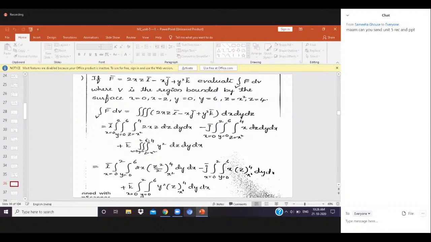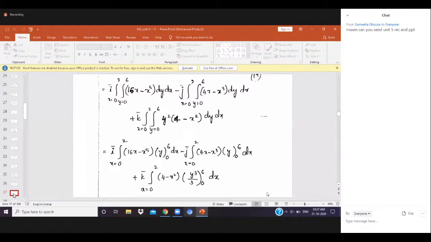So evaluating, we write minus j bar of similarly the same integral limits with x dz dy dx, plus k bar, the same triple integration of y square dz dy dx. Then first evaluating with respect to z in the next step, substituting the limits x square to 4, and after substituting and simplifying we get the equation like this.